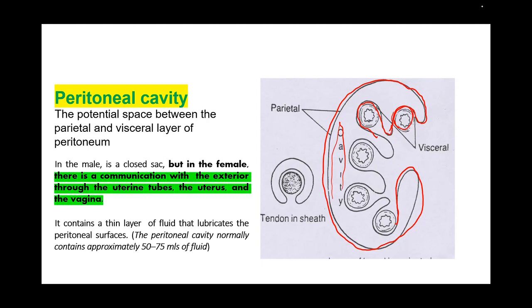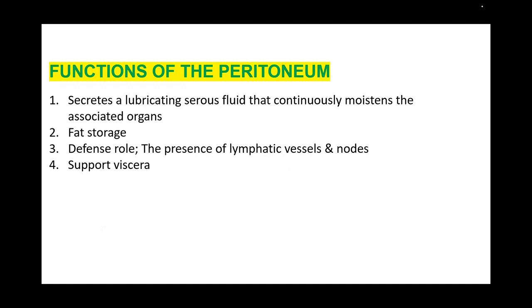The normal peritoneal cavity contains about 50 to 75 mL of fluid that keeps the organs well lubricated. What are the various functions of the peritoneum?